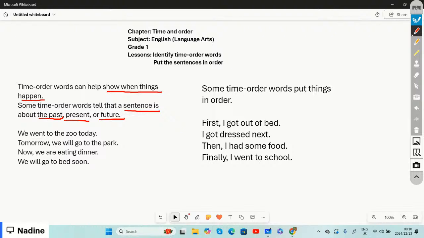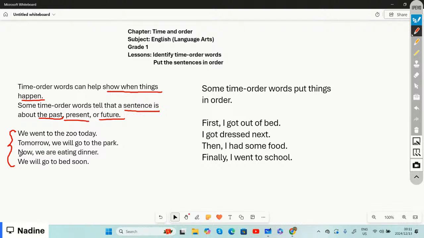And if we look at an example of time order words, I'm going to underline the words that we can identify that show the time order, that show when things happen. You'll be able to see if it's in the past, if it is now in the present, or if it's in the future.